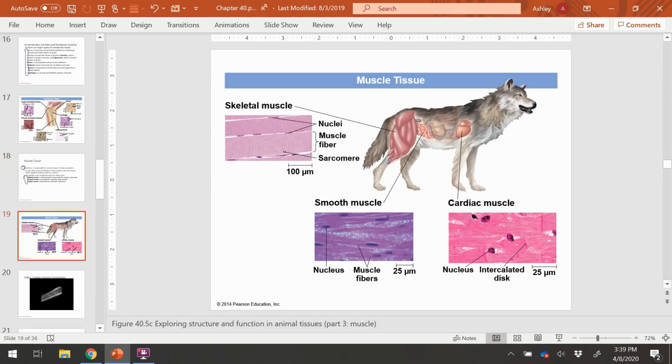Here you can see skeletal muscle, smooth muscle, and cardiac muscle. There are several differences, as you can tell. Skeletal muscle and cardiac muscle have lines distinguishing what we call striations.